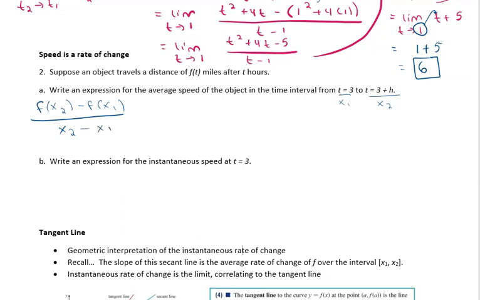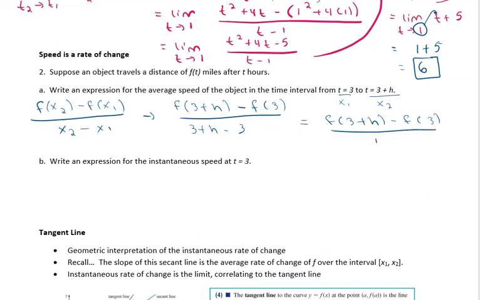And we put in what we have now for our x's. This would look like f of 3 plus h minus f of 3 all over 3 plus h minus 3. And that is going to simplify to f of 3 plus h minus f of 3 all over h.